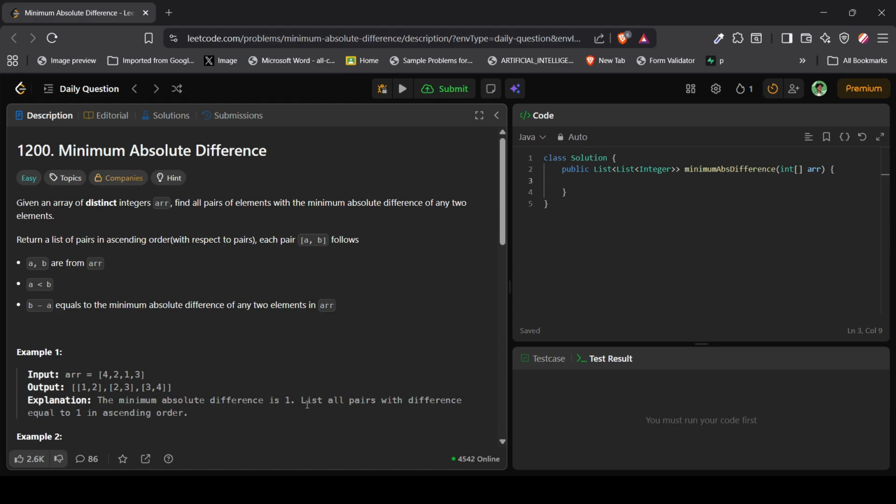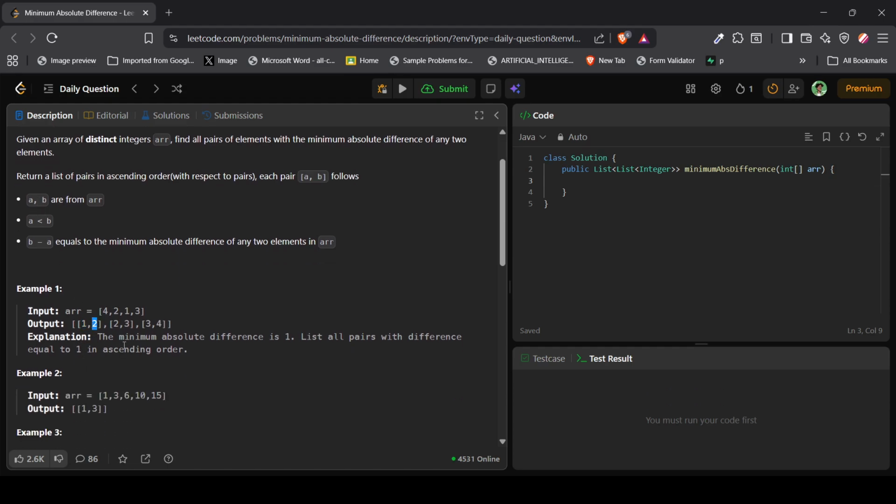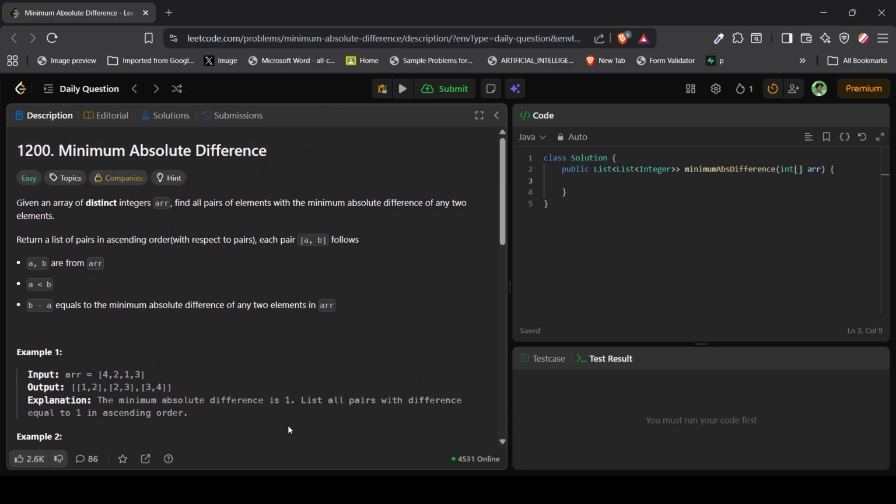Other than that, we have to return a list of list of integers that will contain elements in ascending format. So the a comma b, so a and b would be the smallest, right?